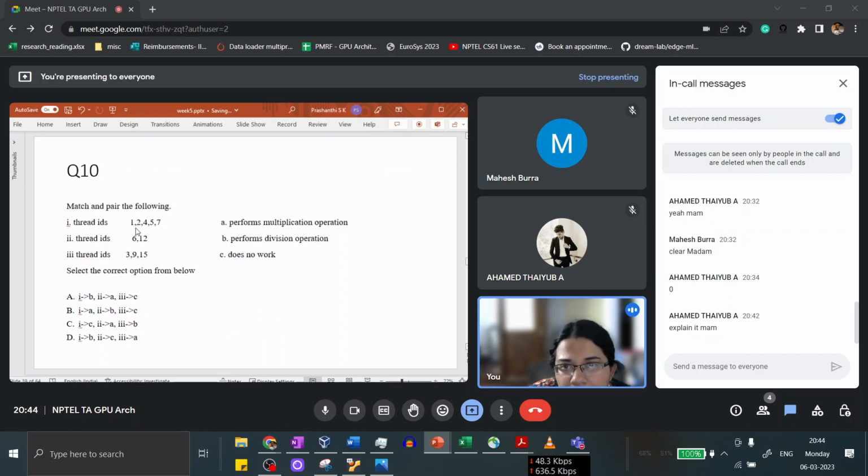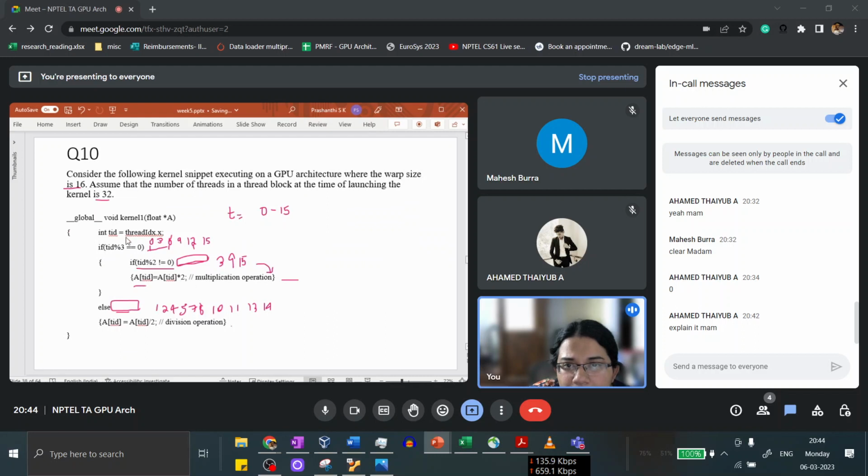So the question asks, what do threads 6 and 12 do? So 6 and 12 are multiples of 3, so they come here, but they are multiples of 2, so they get eliminated in this second if condition. So if you remember, only 3, 9 and 15 do the multiplication operation.